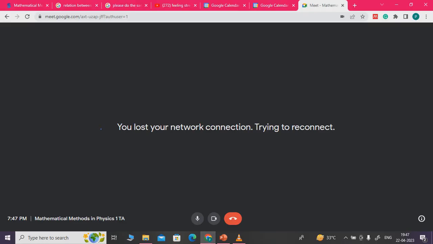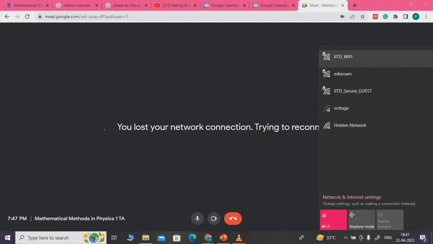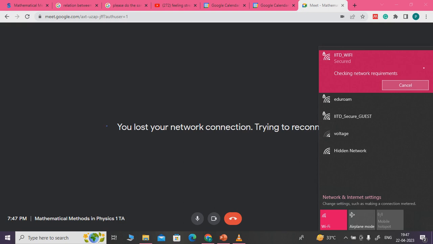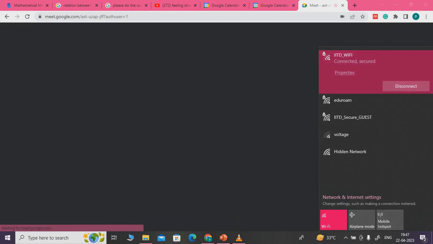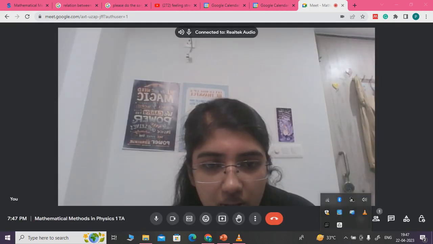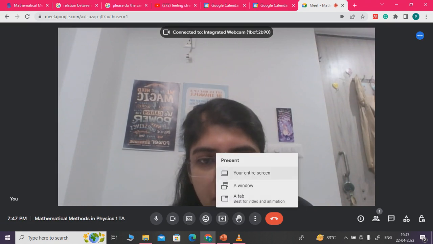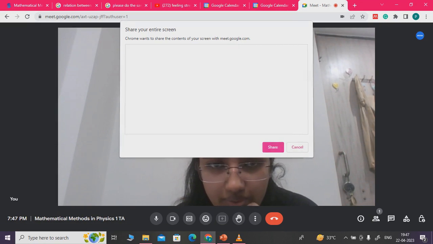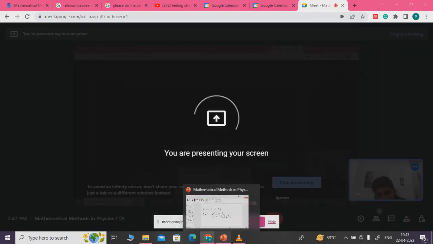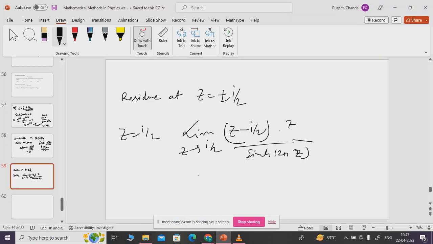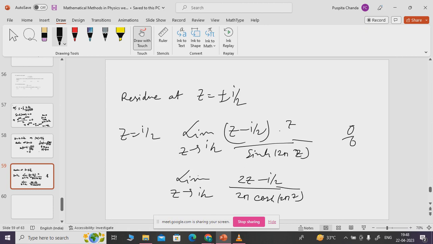And if we put z is equal to i by 2, it will be 0 by 0 form. So we need to apply L'Hospital's rule. So it will become the limit of (2z minus i by 2) by 2 pi cosh 2 pi z.